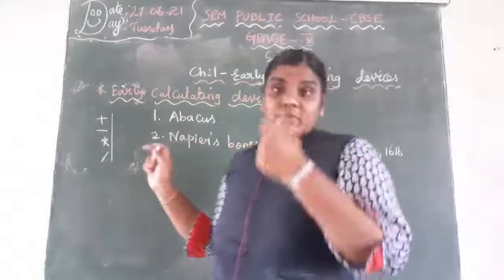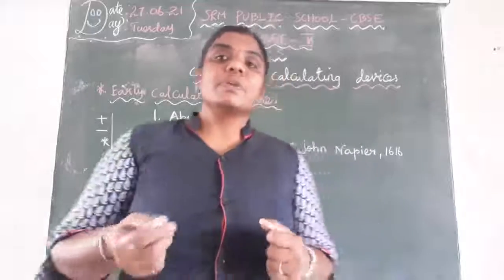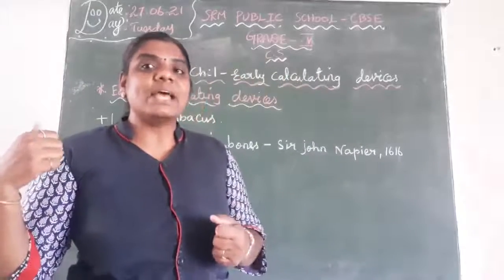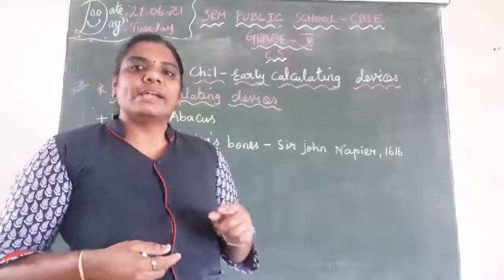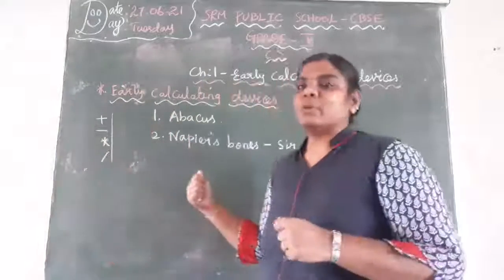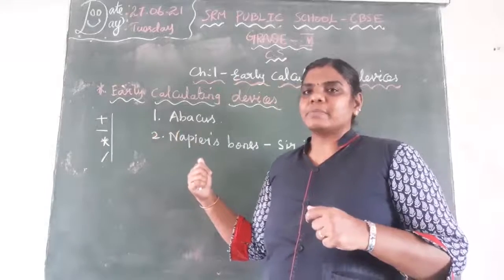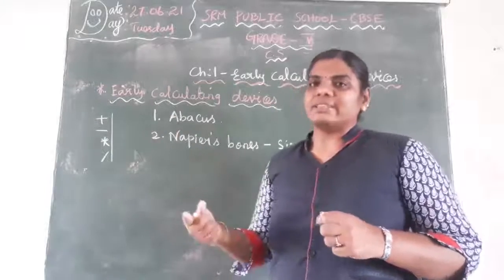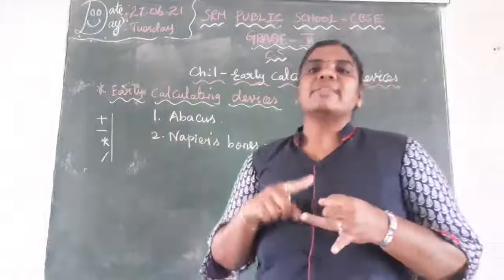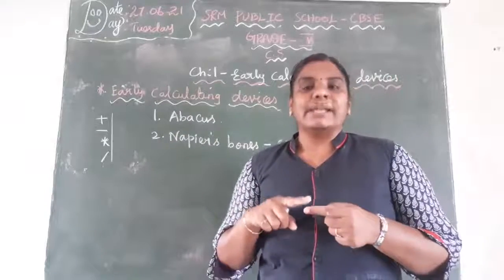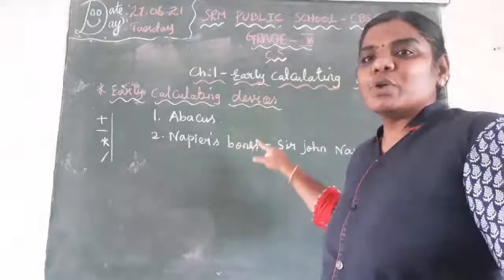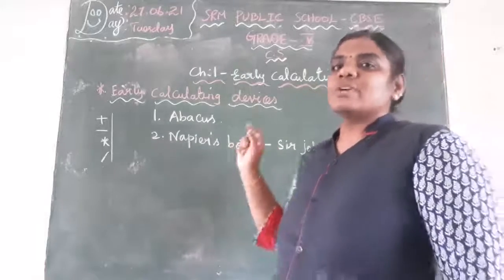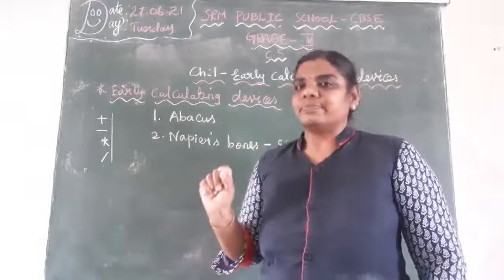What is the purpose people were using the device? For arithmetic operations as well as to find the square root of numbers. Understand what is the use of Napier's Bones in the earlier days? For arithmetic operations, that means addition, subtraction, multiplication and division, and this device is also used to find the square root of numbers.